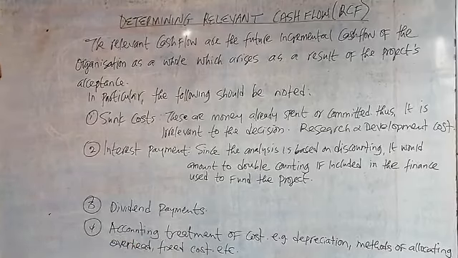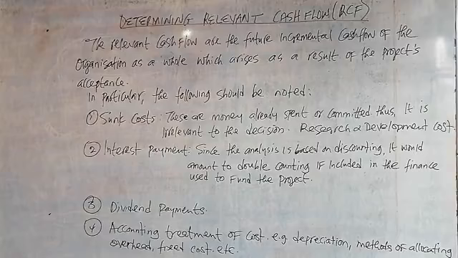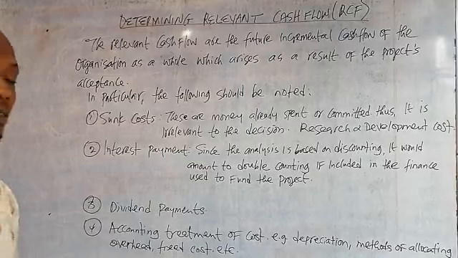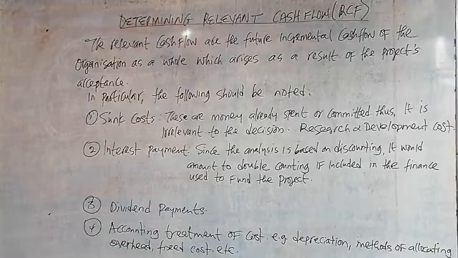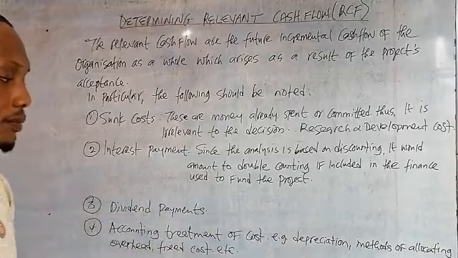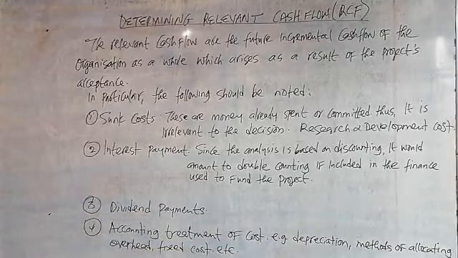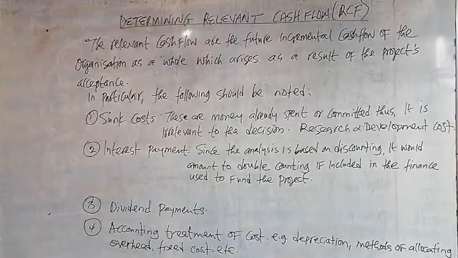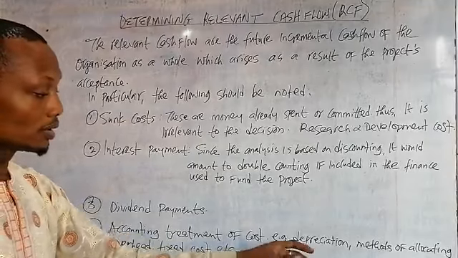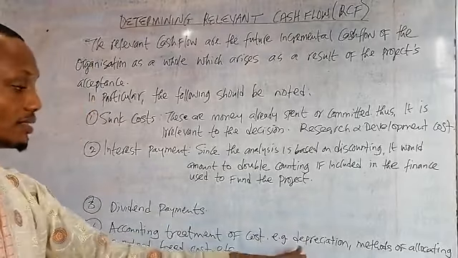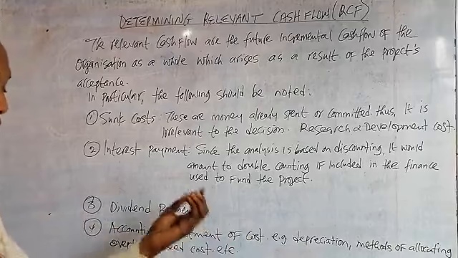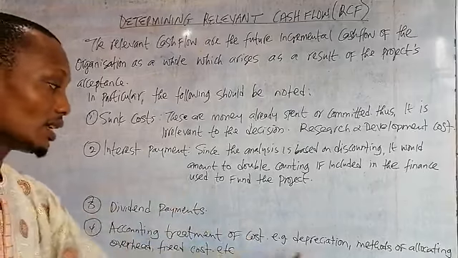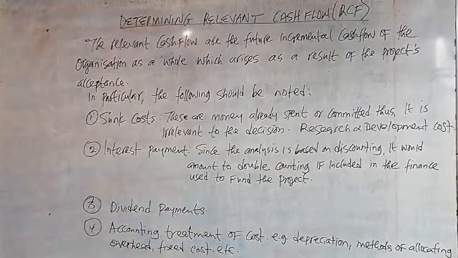Accounting treatment of cost. There are some treatments given in accounting which are not relevant for decision making. An example is depreciation. Depreciation is not useful in decision making, because it is just a way of depreciating an asset, and the value does not economically reflect the use of the asset.